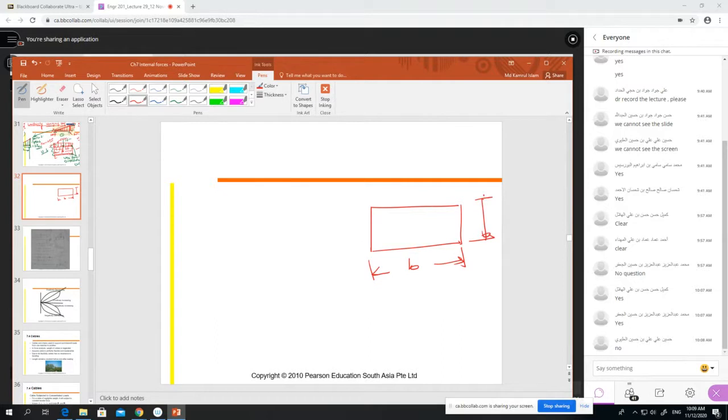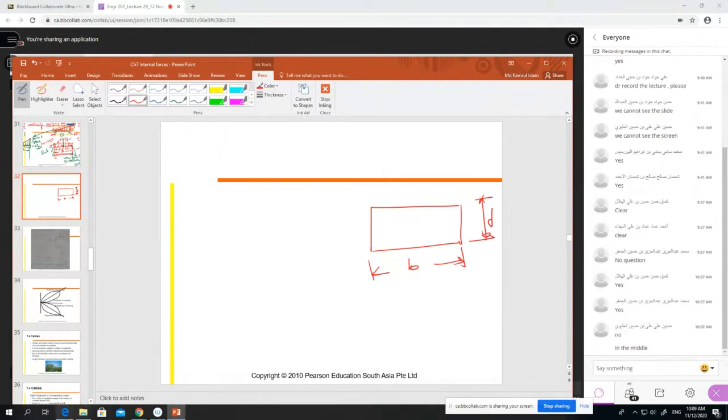Where will the center be? Tell me. Don't waste time. Tell me please, quick. In the middle, here.